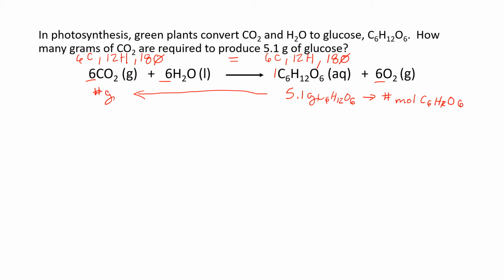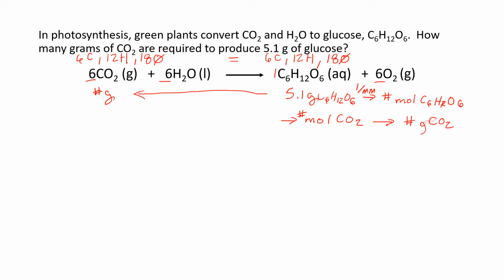So we need to think multiplying by 1 over the molar mass will just be moles per grams of that substance. And then once we're in moles of glucose, then we want to utilize the mole ratio to get in moles of carbon dioxide. And then once we're in moles of carbon dioxide, we can get in grams of carbon dioxide.